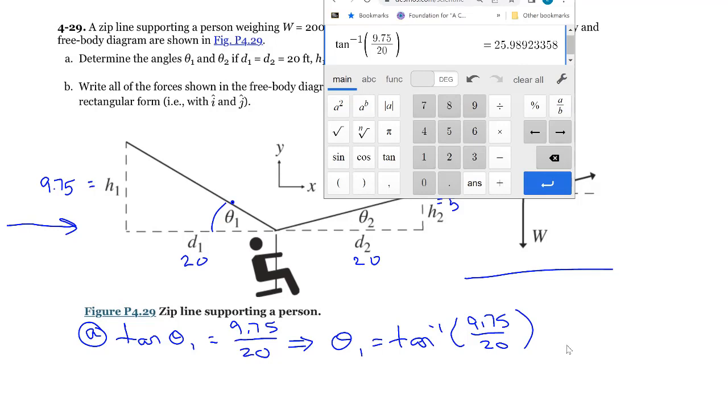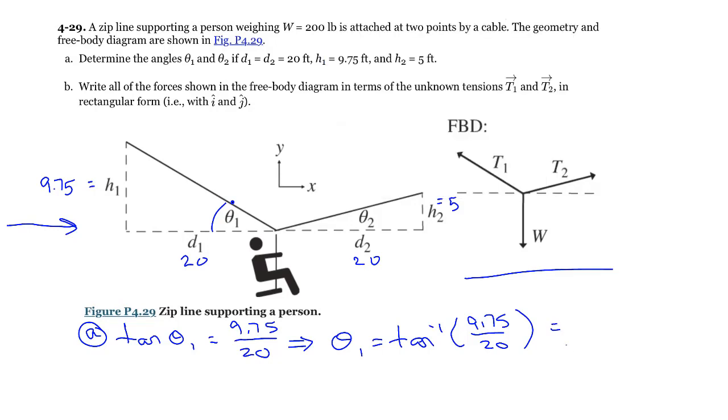My angle is 25.99, and it would not upset me if we rounded this to 26. You know what? I'm going to round it to 26. If we need more accuracy, I'll definitely write that on the problem. Let's just make this 26 degrees. It's very close.